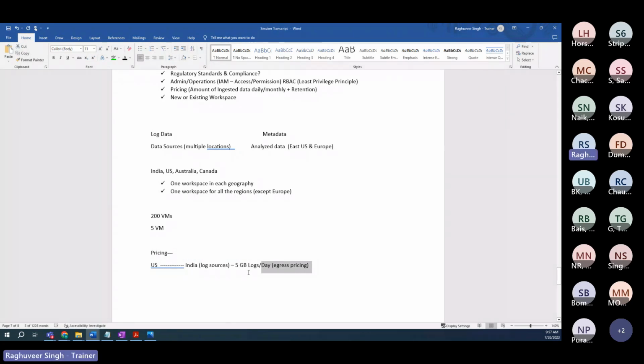That when you are ingesting the logs, you're also paying for the networking charges, because you are transferring data all the way from India to US, all the way from Europe, Canada, and Australia to US. So the egress charges you also need to pay, other than the log ingestion charges, because the logs are going to be stored in US workspace. So you will be paying the pricing for the US workspace as well as the egress charging. This is another consideration that you need to keep in mind.